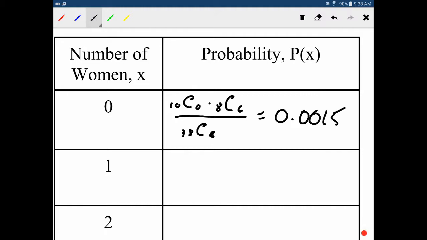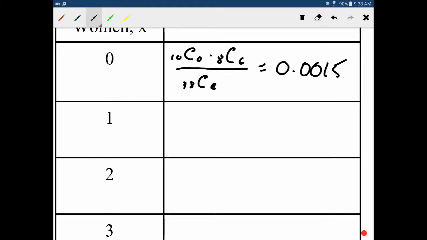Then we move on. The 10 stays the same, but now we've got choose 1 times 8 choose 5. You'll notice that this number and this number add up to your N value, and this number and this number add up to your R value.